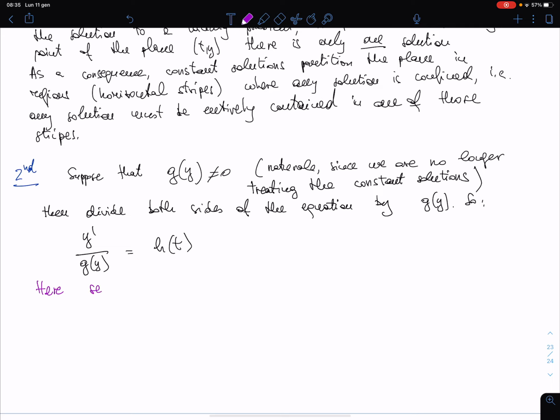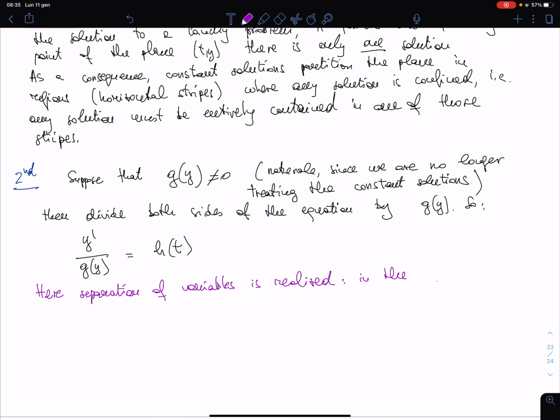Okay? So here the separation of variables is realized in the sense that in the left-hand side one has y prime and y only, so no explicit t.